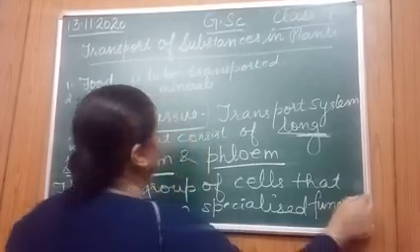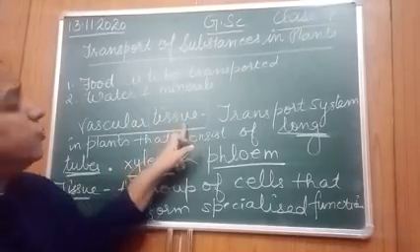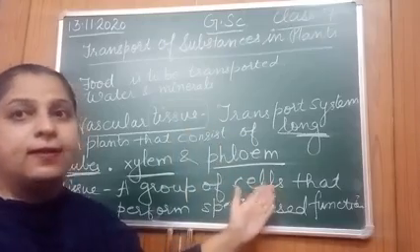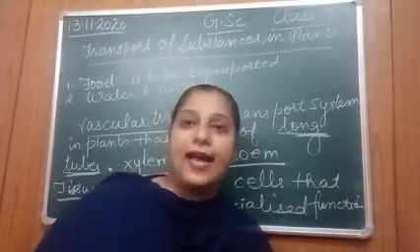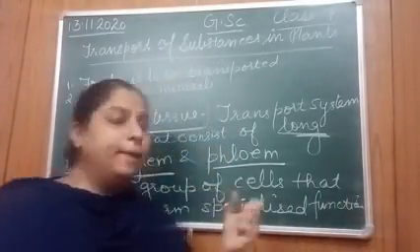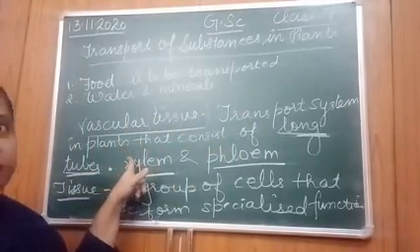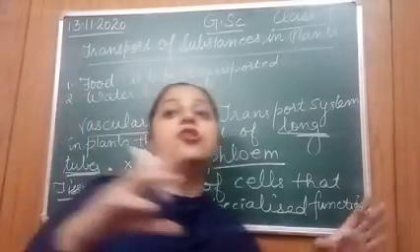So, what I was telling you, what is vascular tissue? First of all, what is a tissue? It is a group of cells that perform a specialized function in the body of an organism, like in the body of the plant. So, children, this is a transport system, a group of cells that consist of long tube-like structures.